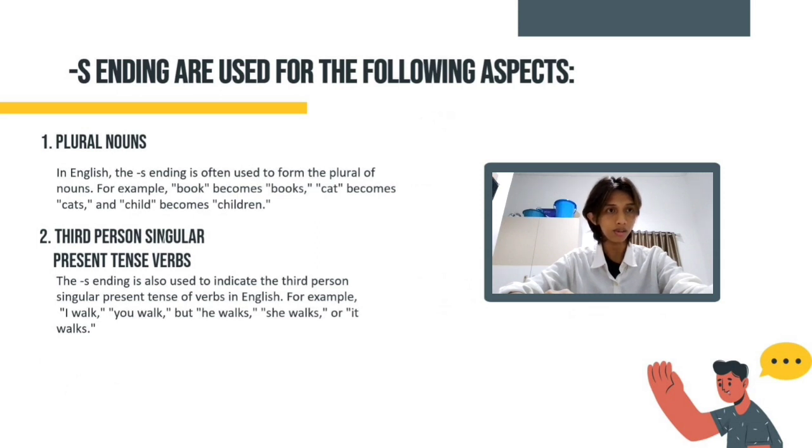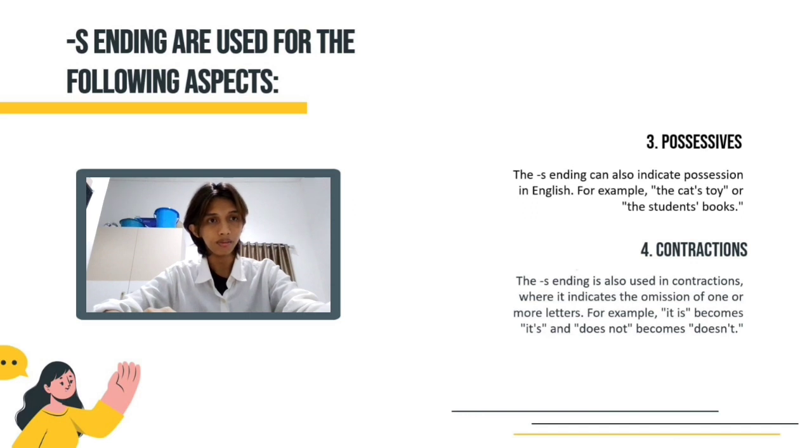The S ending is also used to indicate the third-person singular present tense of verbs in English. For example, I walk, you walk, but he walks, she walks, or it walks. 3. Possessive. The S ending can also indicate possession in English. For example, the cat's toy or the student's books.